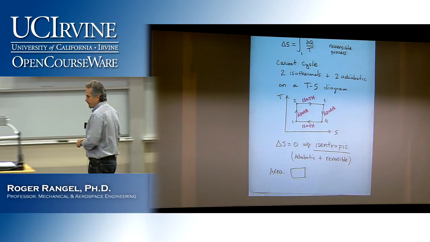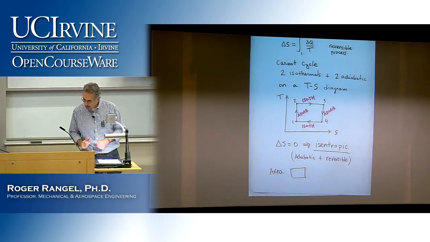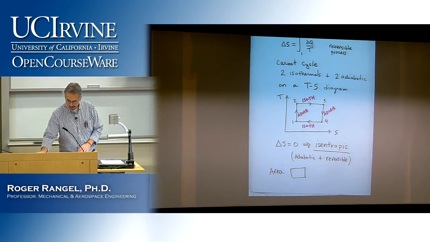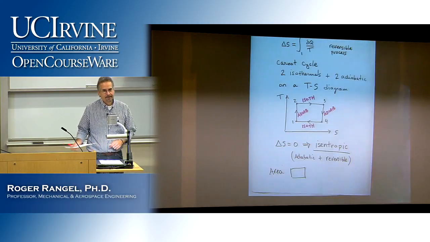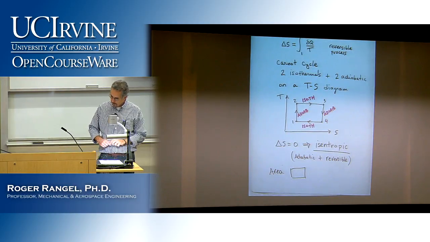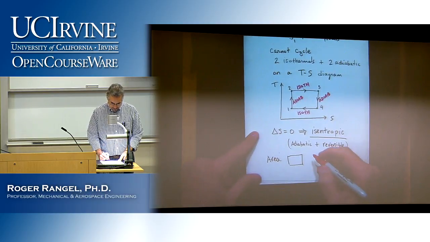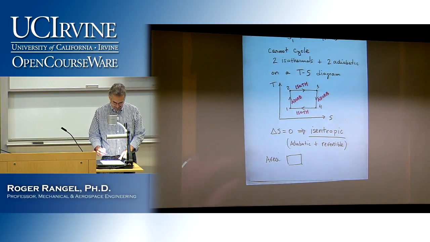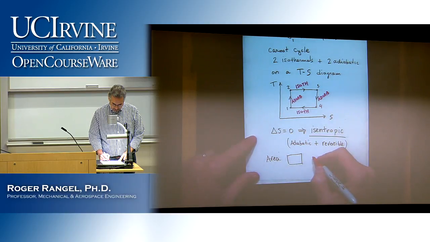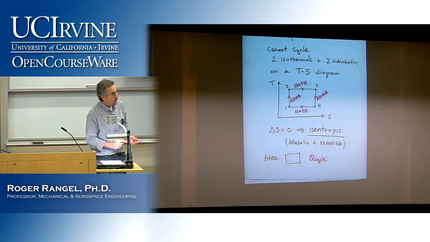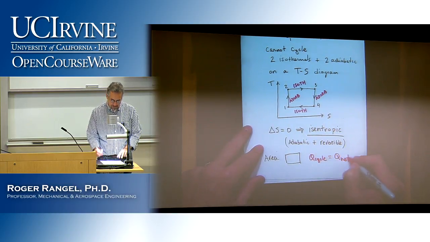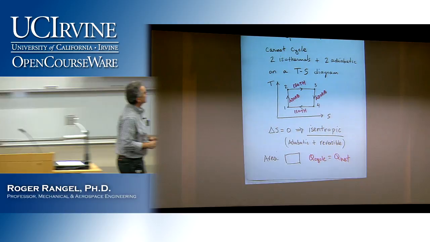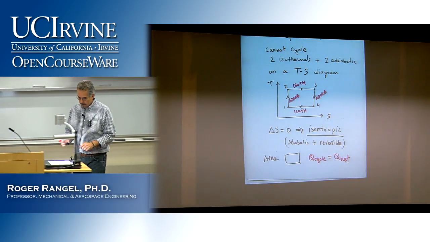This box is what I called earlier today Q cycle. It's not a delta Q. Remember, delta Q is not a good word with the capital delta. So this box is Q cycle, or you can also refer to it as Q net.